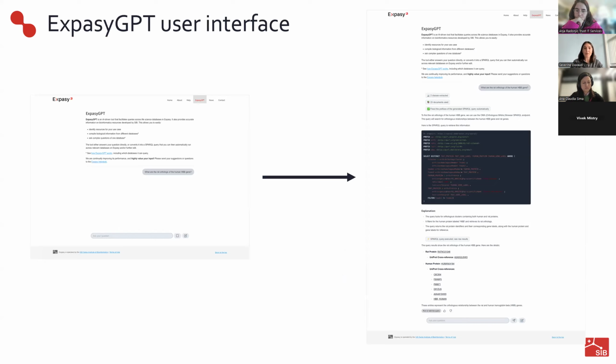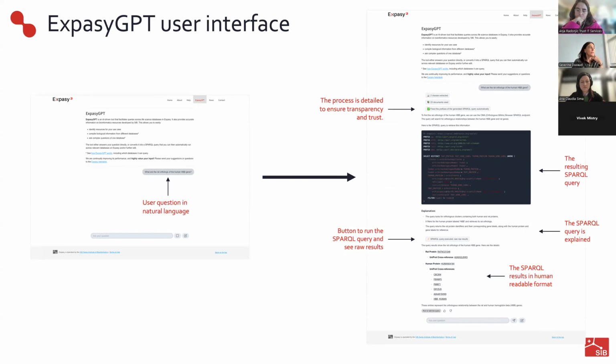This is the ExpASy user interface. You can see on the left, the user can ask a question in natural language, and this is the result page they obtain. First, the whole process conducting to the SPARQL queries is described in order to build trust and transparency.